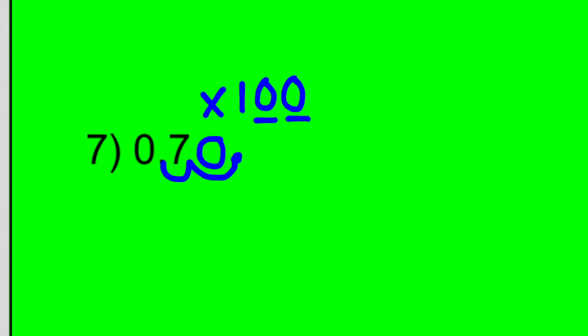And then number 7, no matter what the decimal is, I always mentally multiply by 100. On this one, there's 2 zeros on 100, so I move the decimal 2. It ends up right there. The problem is there's nothing in this spot. So I put a 0 placeholder, and this answer is 70%.